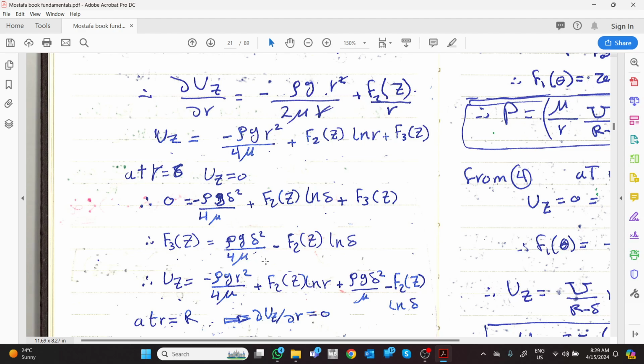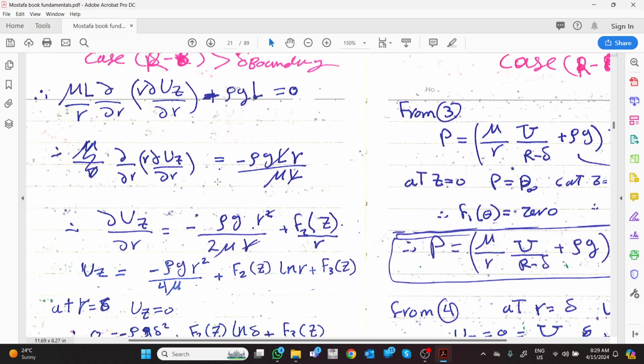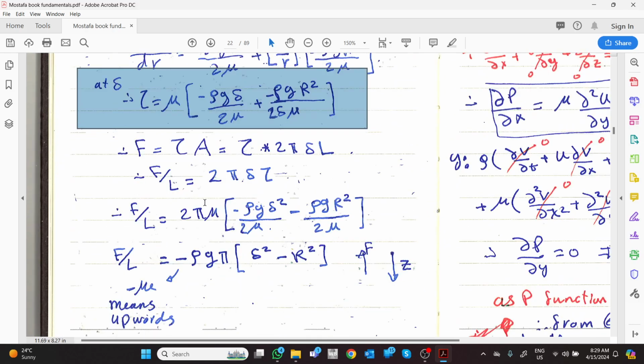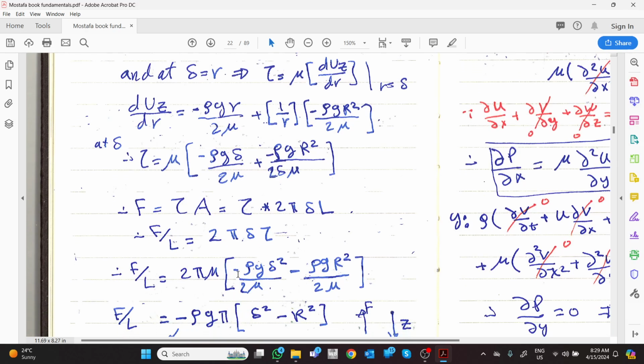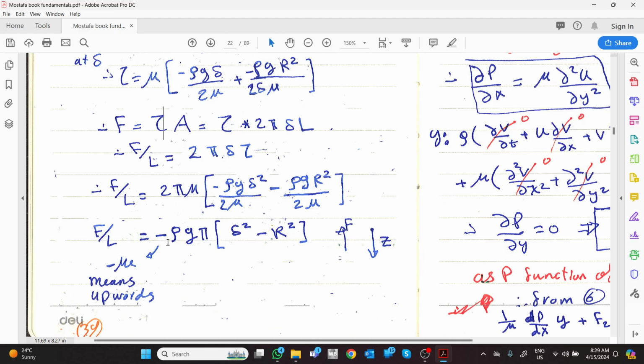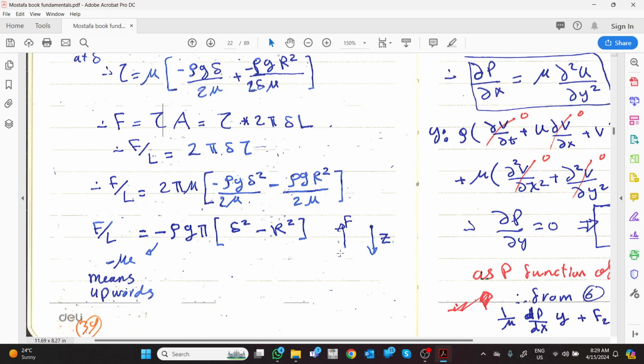The area of the rod multiplied by the shear stress, area of the rod 2 pi delta L. So the force per unit length is 2 pi delta tau, multiply some algebra. Of course, you will find it is minus. Why minus? Because the force in the opposite direction of Z is down, force is up. You will find it here.